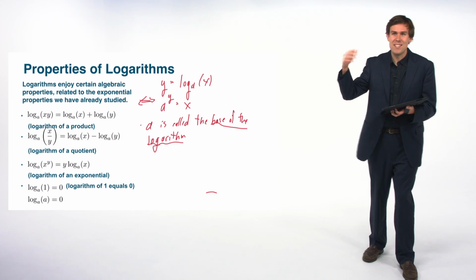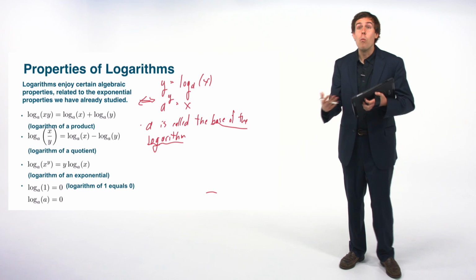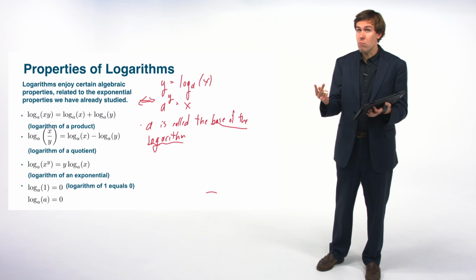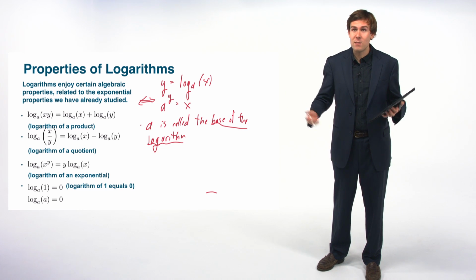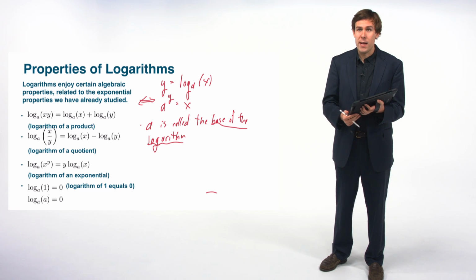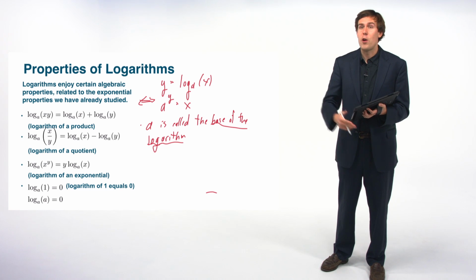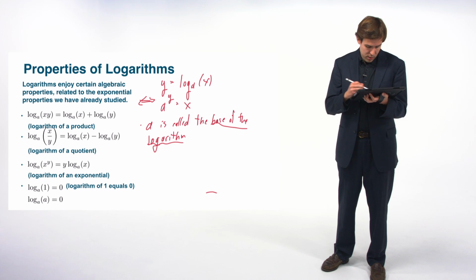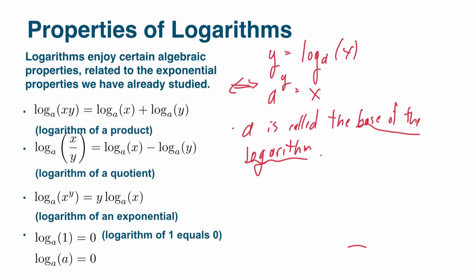Certain choices of bases are very, very common. Some natural ones include 2. This is very common in computer science because you have binary notation for numbers, so 2 is very natural for this. So we'll say, common bases.